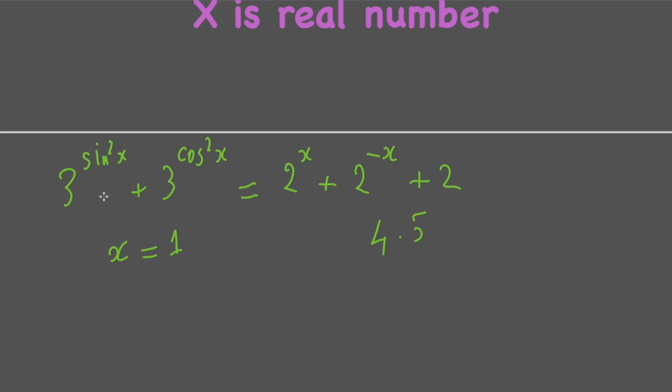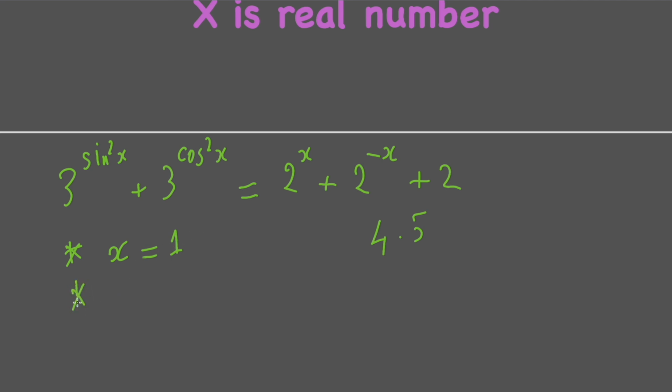And on the left hand side, that's something like 3 power sine 1 and 3 power of cosine 1, which cannot equal 4.5. So we can conclude that x equal to 1 cannot be a root of the equation.